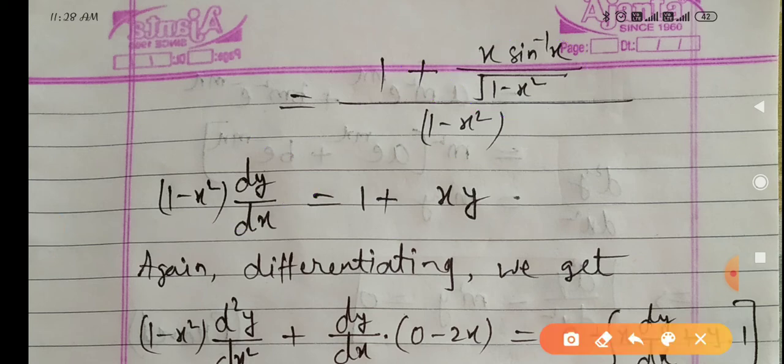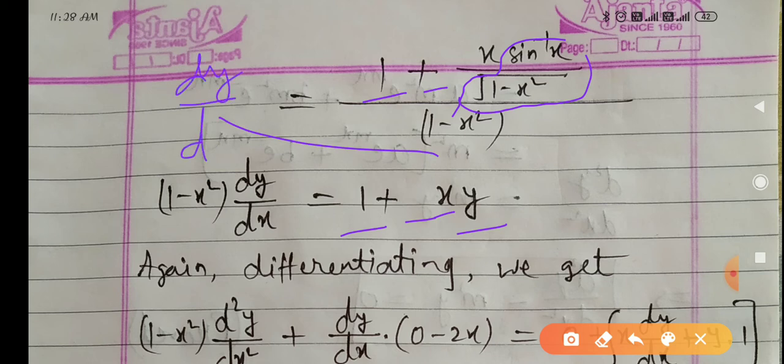Students, you can see this expression, its value is y. That's why I have written 1 plus x times y, and the other term I have taken with dy upon dx. So 1 minus x square dy upon dx equals 1 plus xy.